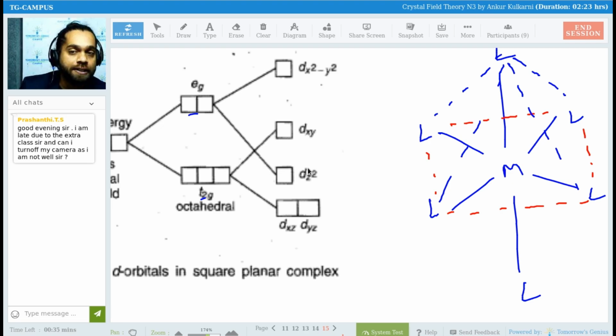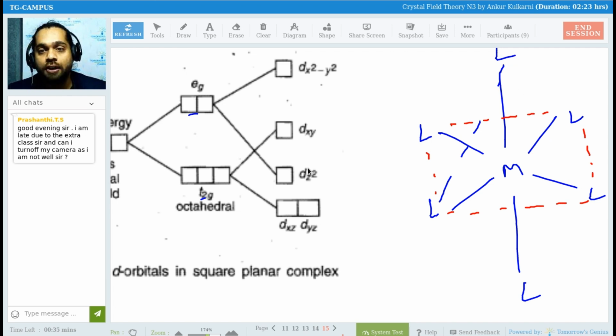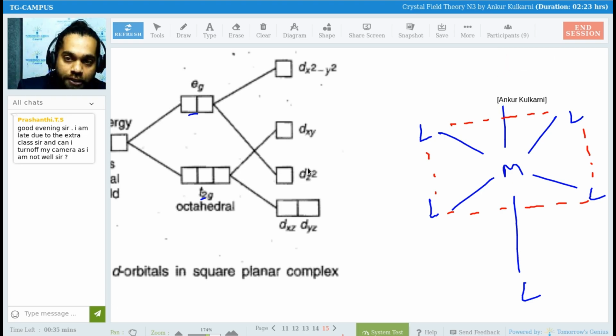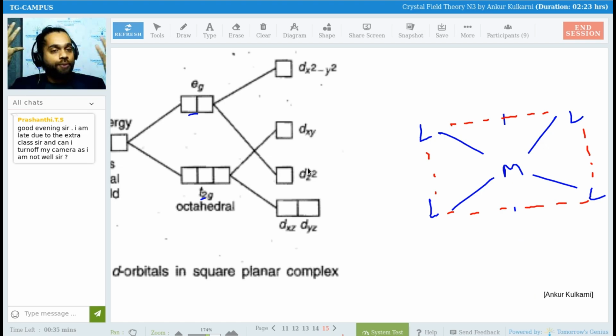Now if I have to form a square planar, how will I form a square planar? I will just remove this ligand. I have got my square planar. So what I have done, I have removed the ligand from the z-axis.